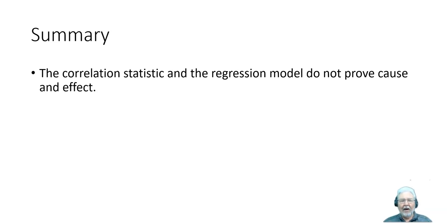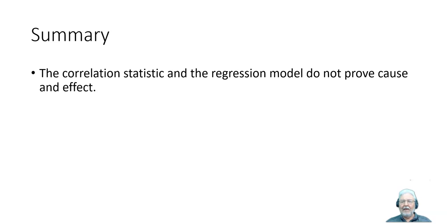However, in our previous model with melatonin and pupil size, we have an underlying model in mind, and there is a theory as to how those things work. That theory, plus the statistical support, does allow you to make cause and effect inferences.